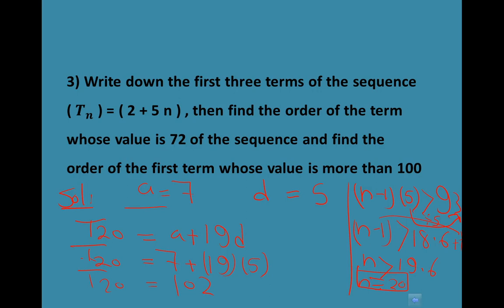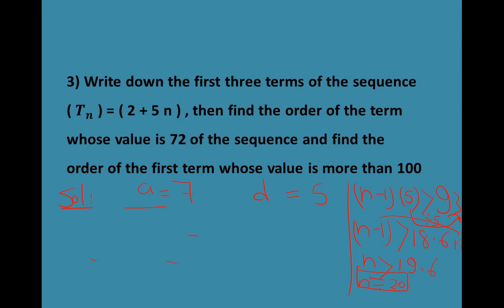In any arithmetic sequence, take care of this part. In any arithmetic sequence, I can find a general term rule for this sequence. I will take this sequence as an example.